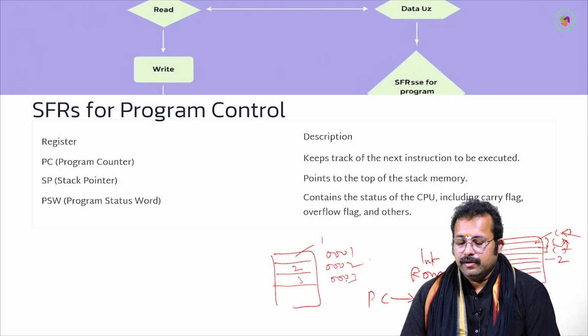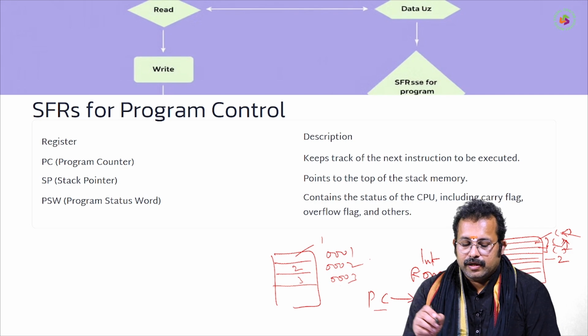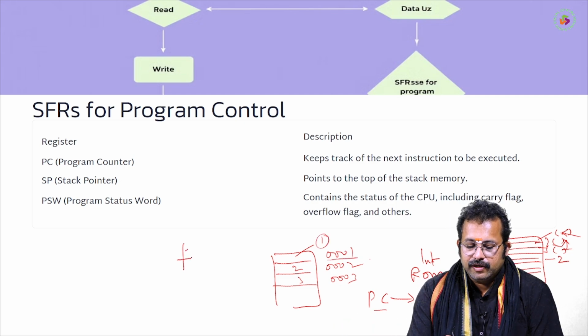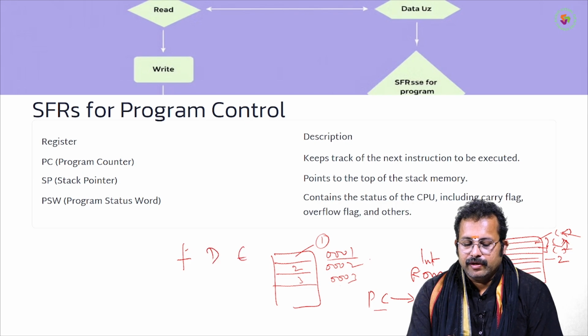The first instruction, where the PC is pointing, is at the address 0001H. The instruction at that address will be fetched. Every instruction will be fetched, decoded and executed. So, the first instruction will be fetched.